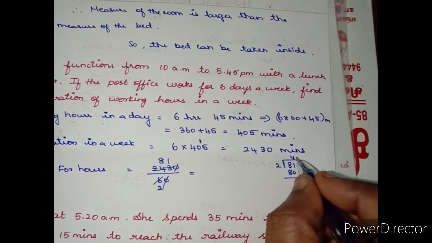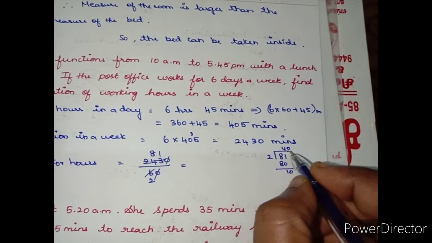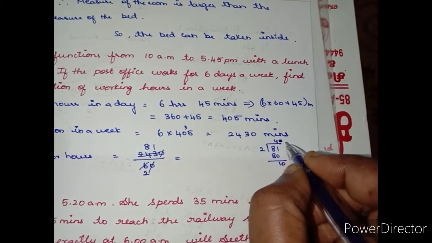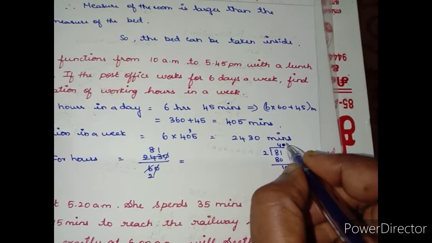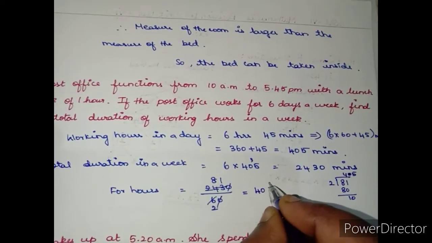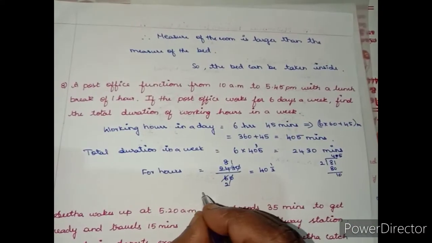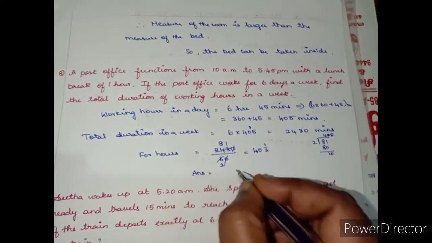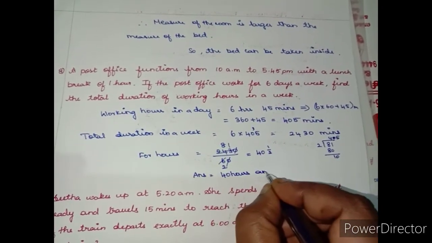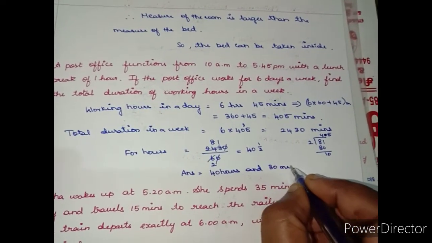So if you keep a 0 here, you will be getting 40.5. So 40.5 means 40 and a half. Okay. So the answer is 40 hours and half an hour means 30 minutes.